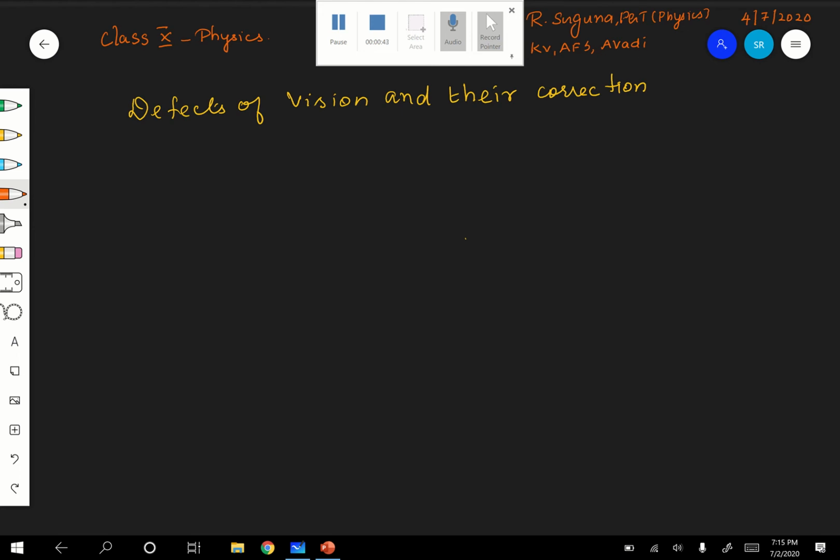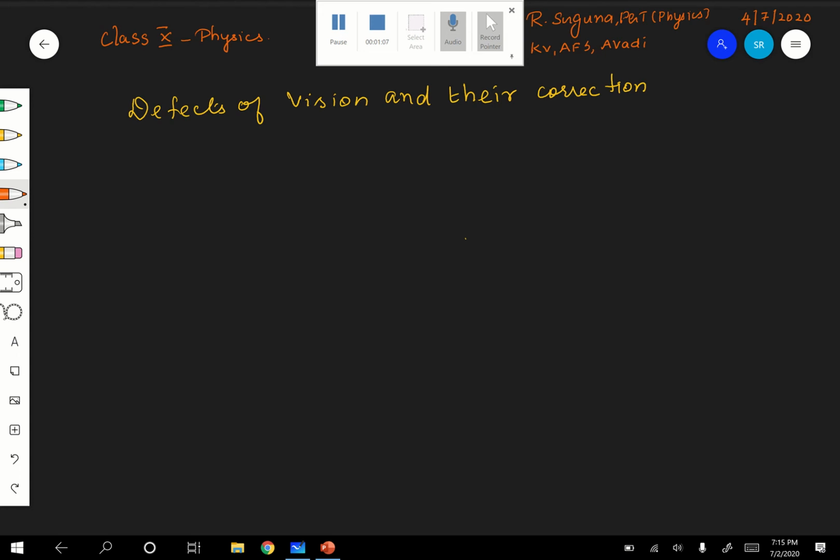It is the ability of the eye lens to change its focal length in accordance with the distance of the object so as to form a very clear image on the retina. Are you following?